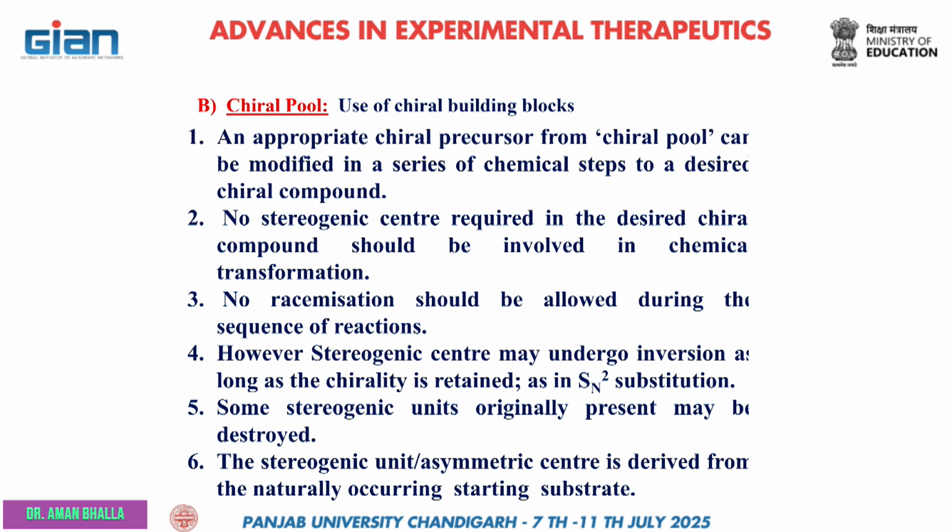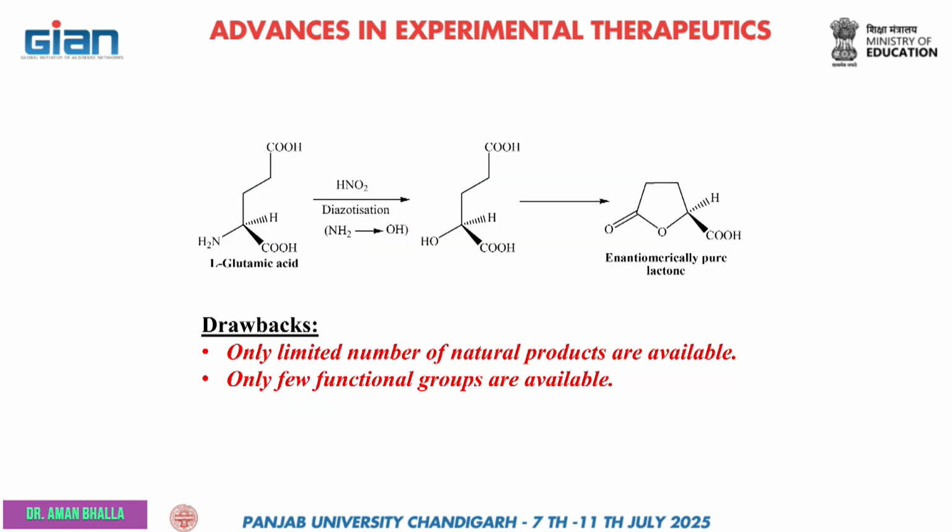So then we move to another method, that is your chiral pool. What is a chiral pool? I just want to explain the first reaction, then go to the theoretical concept. Now can you see your target product? That is your enantiomerically pure lactone. What is lactone?